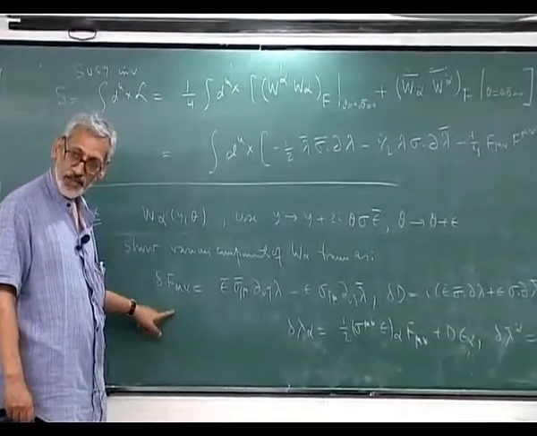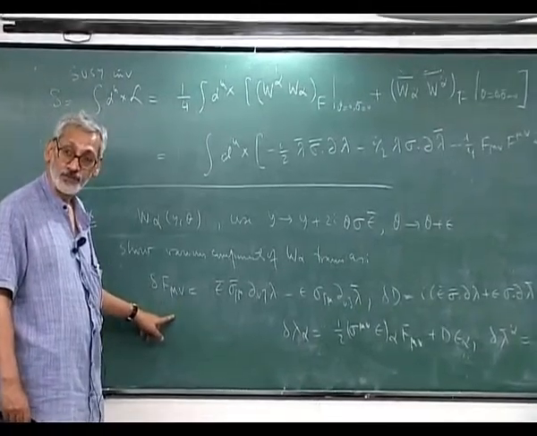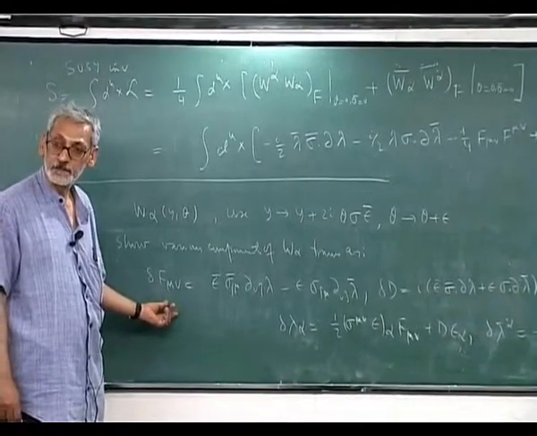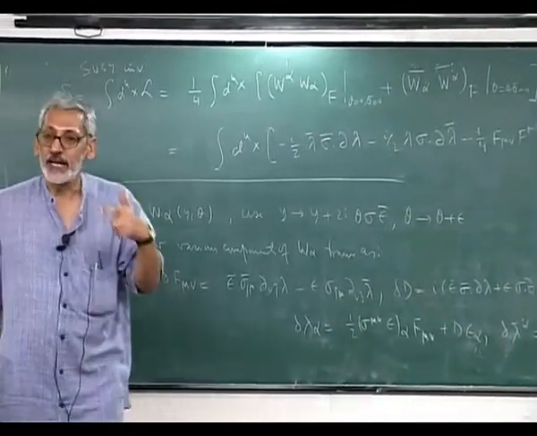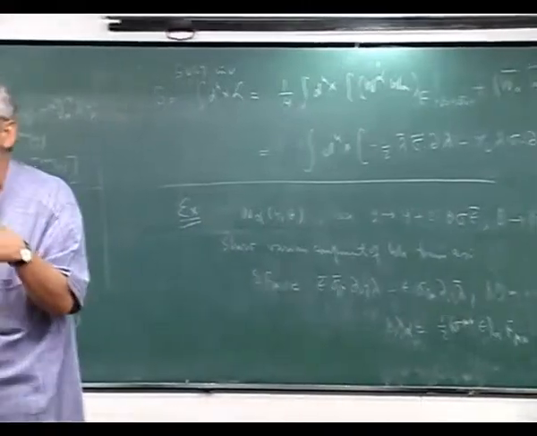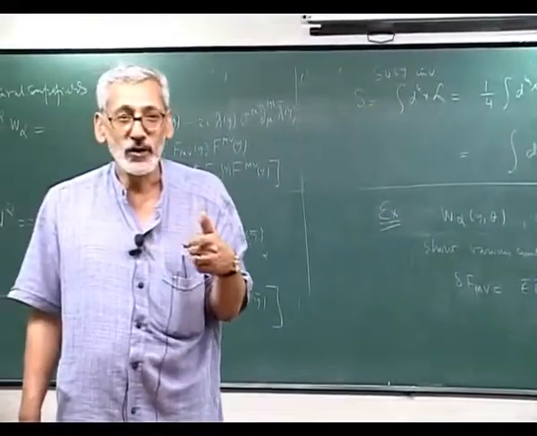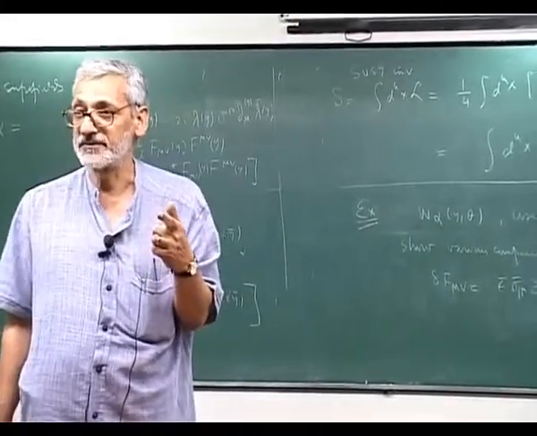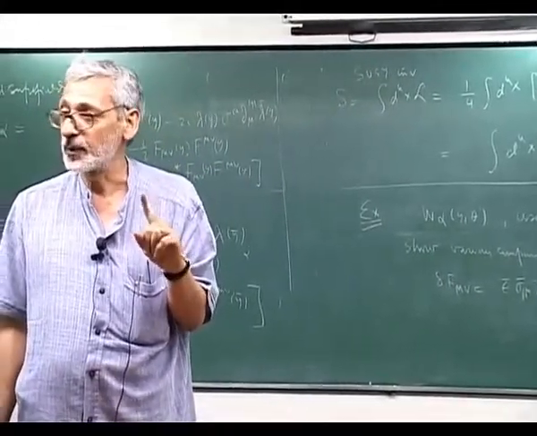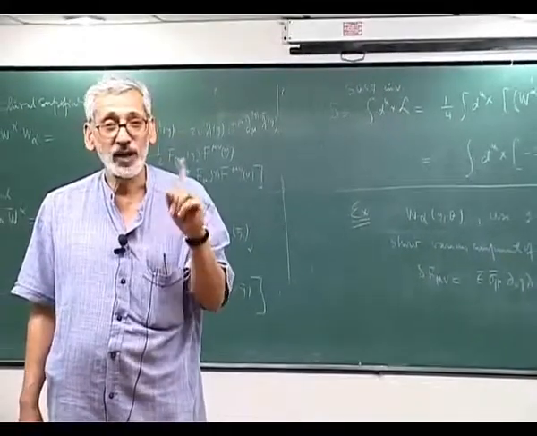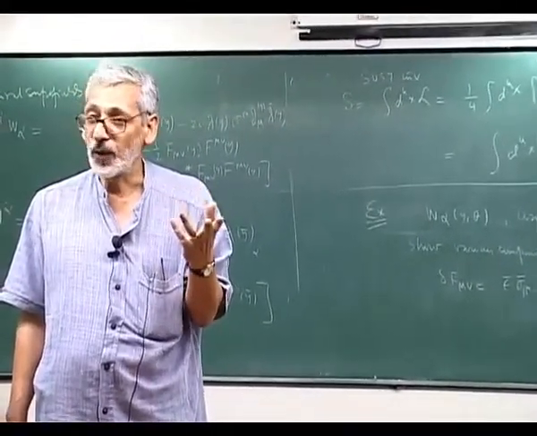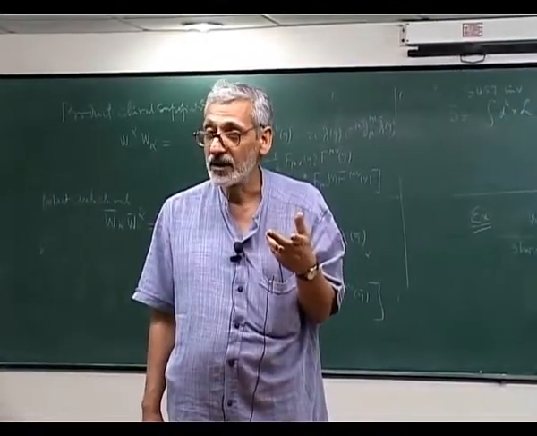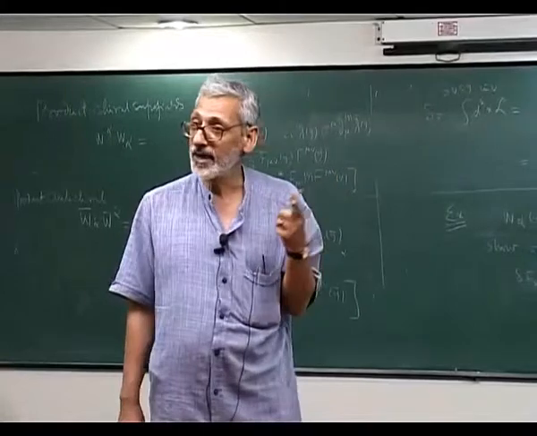I'm writing in terms of F here, but I can also write the corresponding transformation in terms of A. And we had realized there that the supersymmetric transformation algebra closed on the fields, A field particularly, up to a gauge transformation. Remember? And then we asked the question, why does that happen? I think now we understand why that happens.